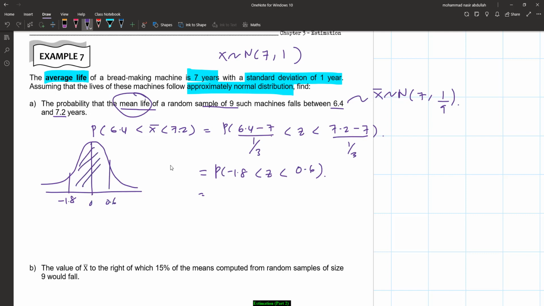This is the area that we want to find. So you can look into the statistical table, and you will get the probability of 1 minus the probability of Z more than 1.8.